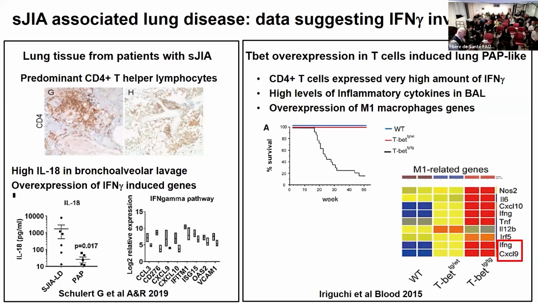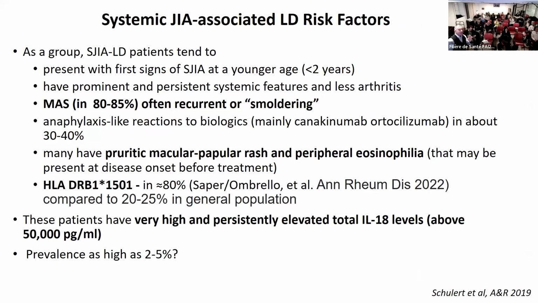So the overall feeling here is that there is a group of patients, probably of young age, though we have seen also patients in their early adolescence, which often have MAS, which is often recurrent or chronic or smoldering, as they like to say.